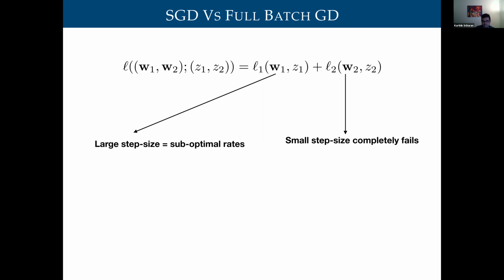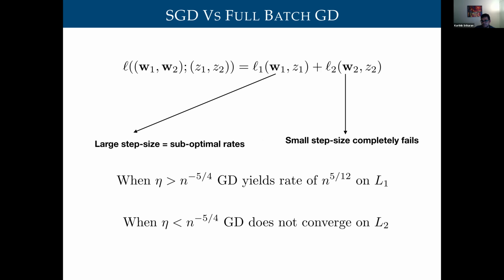I'll explain how in just a minute. The idea is that we split the problem instance into W1 and W2 coordinates, and we can put these two together. More specifically, what we show is that if eta is larger than n to the minus 5 over 4, then gradient descent only yields an n to the minus 5 over 12 type of rate, which was a lower bound on the L1.